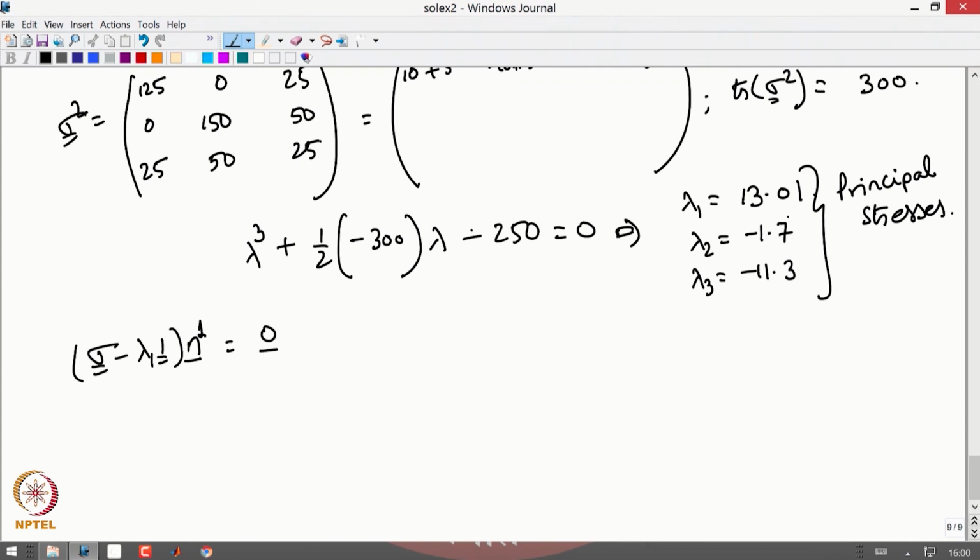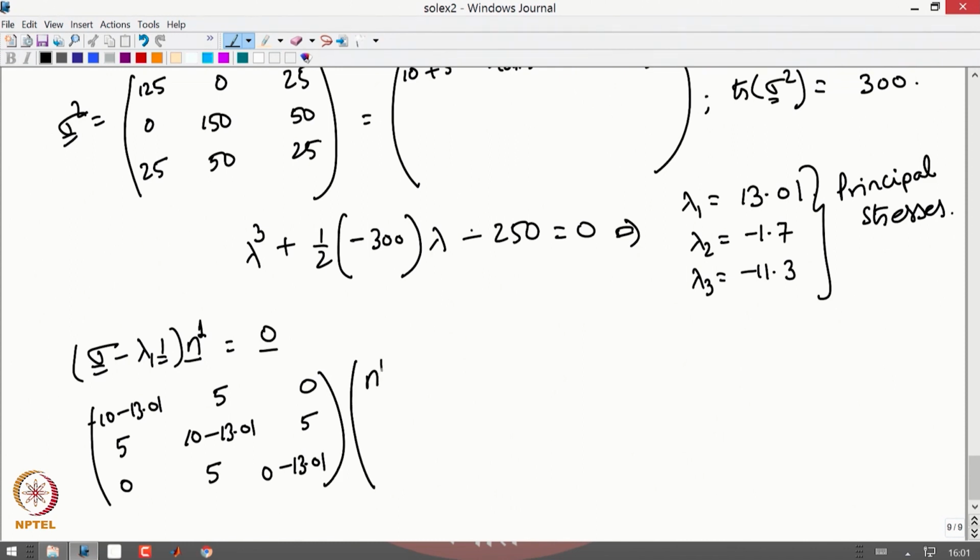So, with 13.01, this will give me the matrix 10 minus 13.01, 5, 0; 5, minus 10 minus 13.01, 5; 0, 5, minus 13.01, into n 1 x, n 1 y, n 1 z, this must be equal to 0 0 0, right.